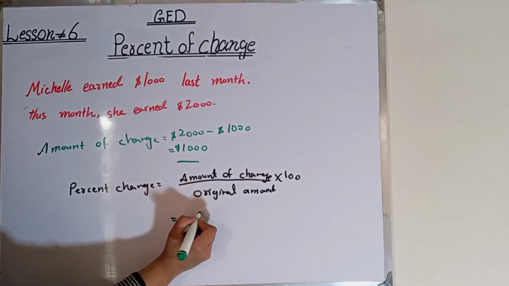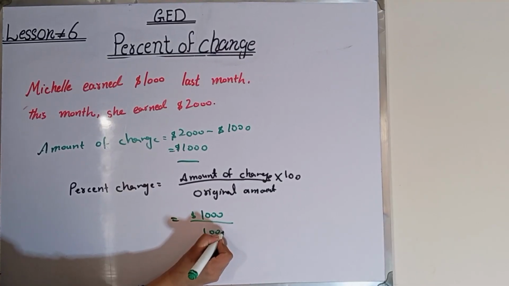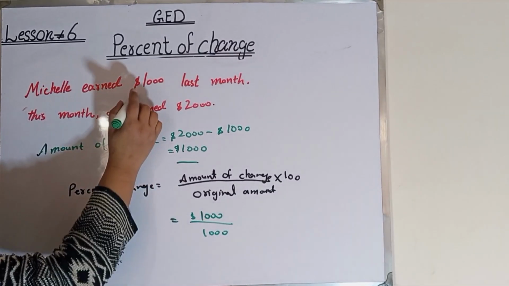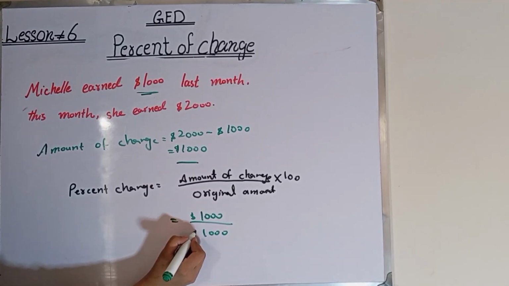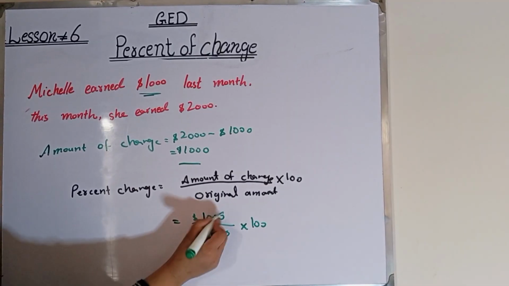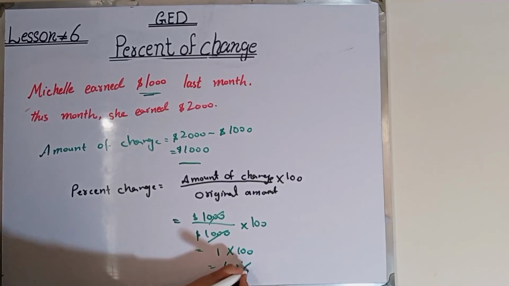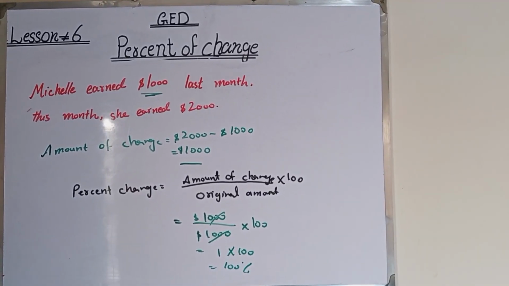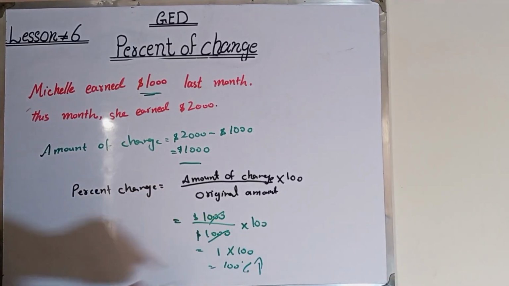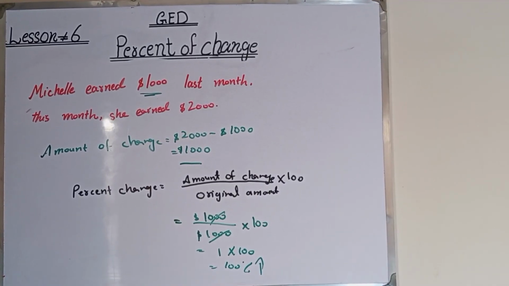Amount of change, we know, is $1,000. Original amount is $1,000, multiplied by 100. 1 multiplied by 100 will be a 100% increase. She's earning double, so a 100% increase makes perfect sense.